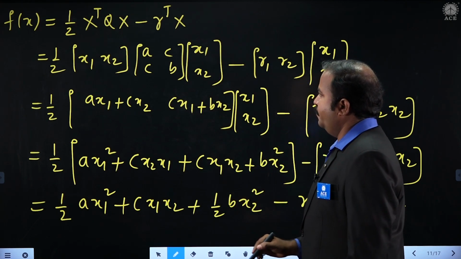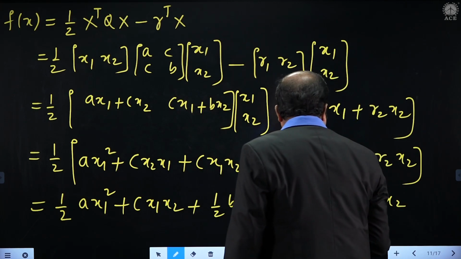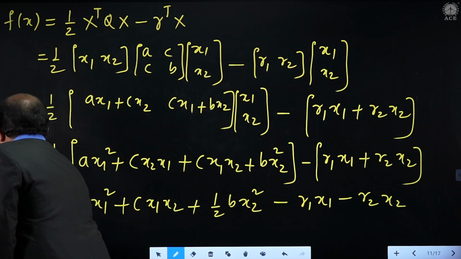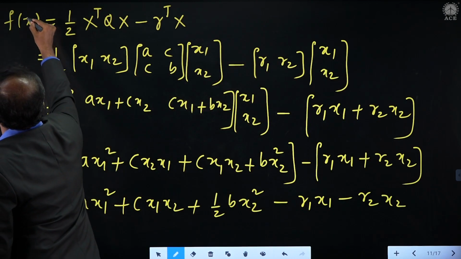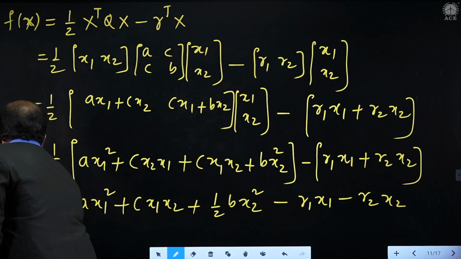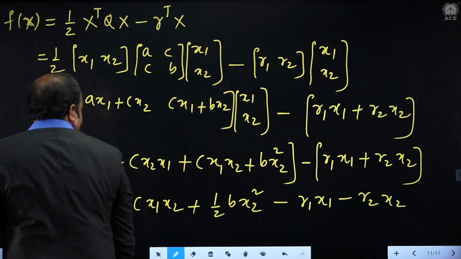This is the function f of x, right. f of x means what here? That is, the function f of x, so we can write this one as f of x1 comma x2, right.